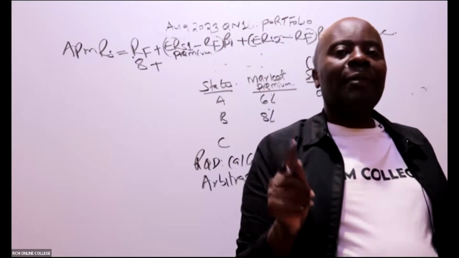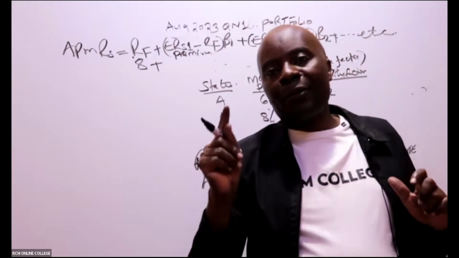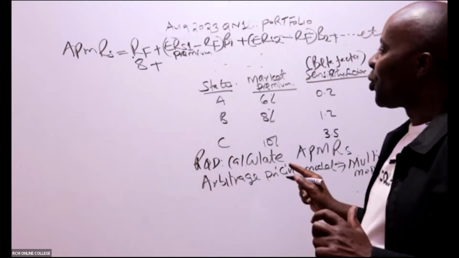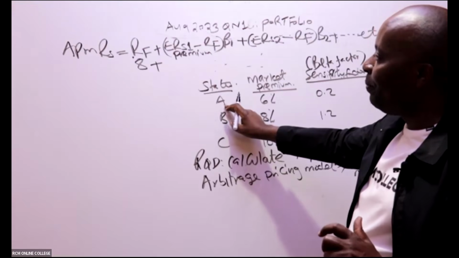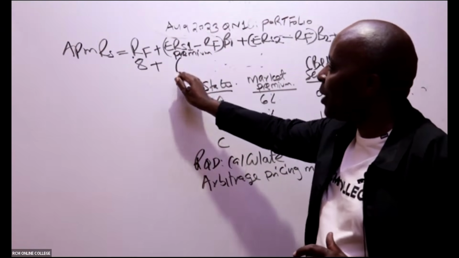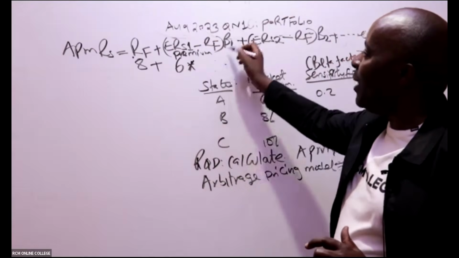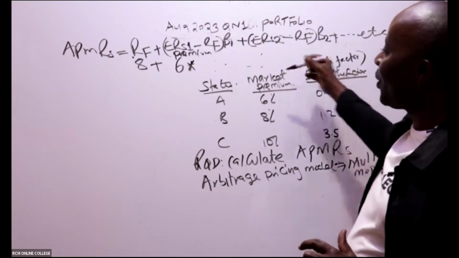He has already taken expected returns minus risk-free. So this is the premium for the first factor. I'll not say 6 minus 8, I'll just write 6 without the percentage, 6 times beta 1, which is 0.2.